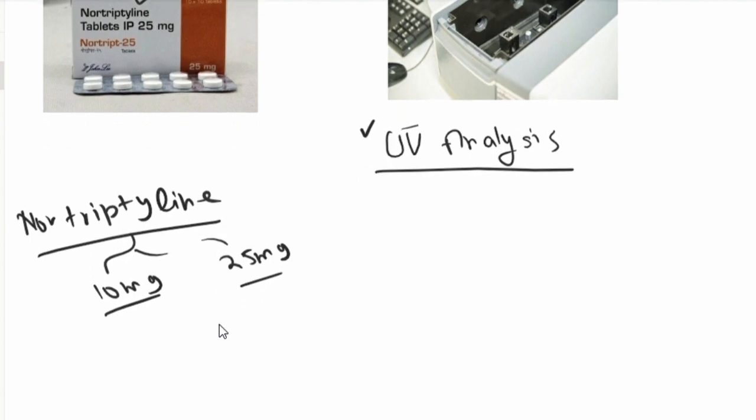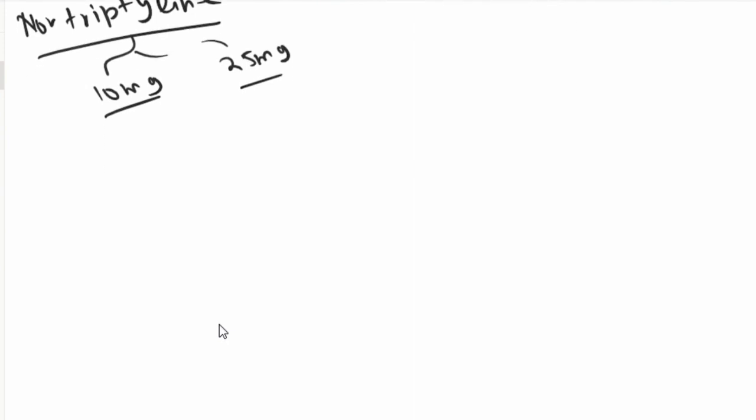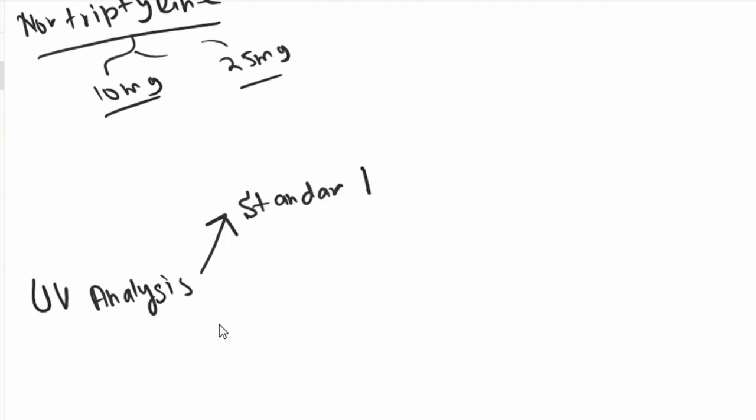So how is UV analysis done? There are certain parameters. To conduct the UV analysis of nortriptyline or any tablets, there are certain factors that need to be met. First of all, you must have a standard. If you are testing nortriptyline, there must be a nortriptyline standard, and that should be according to specification.